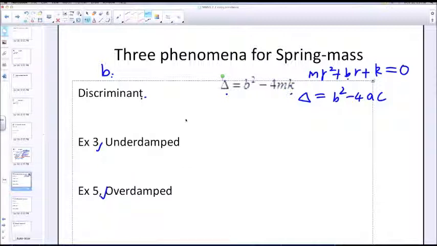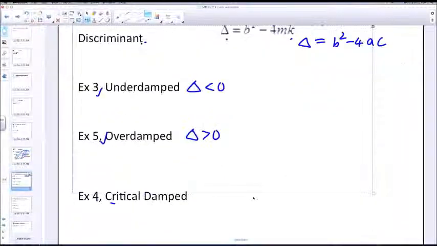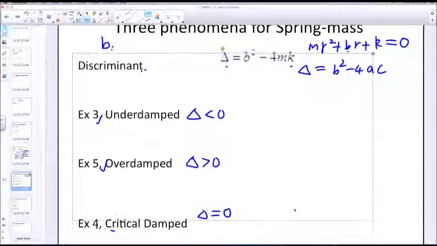So depending on whether the delta is bigger than 0, less than 0, or in this case equal to 0, you're going to get different solutions. Let's start from the easy one, when the delta is bigger than 0.